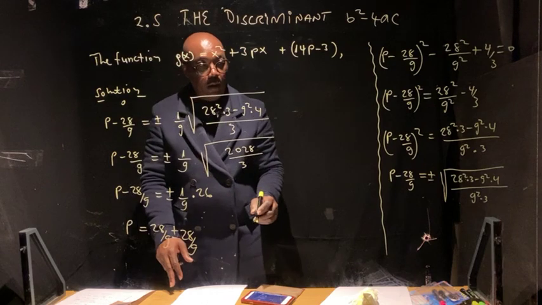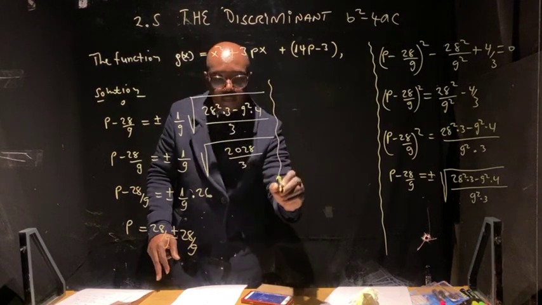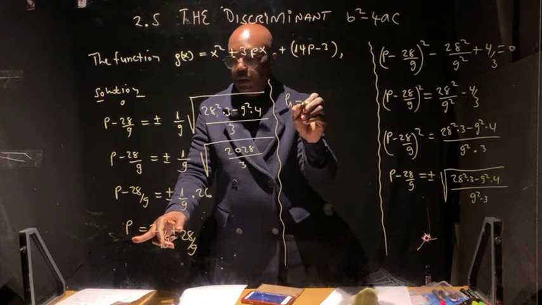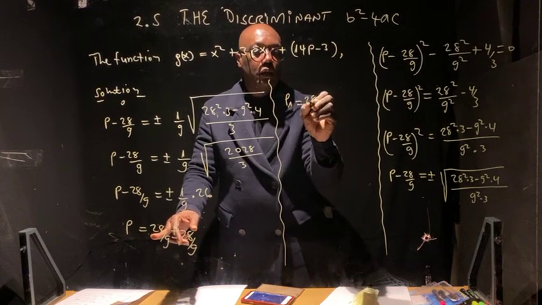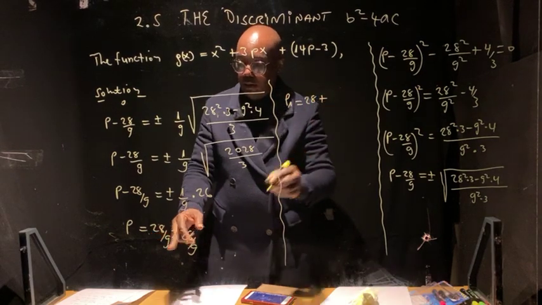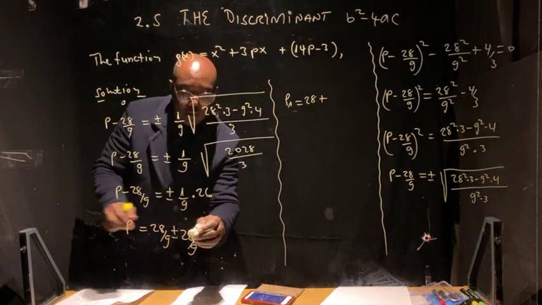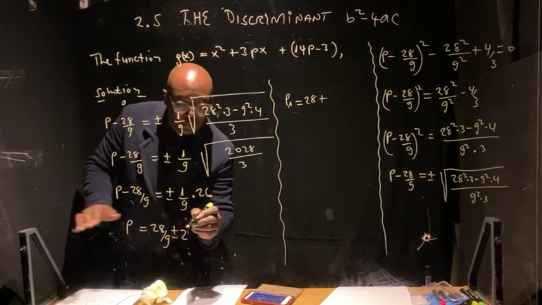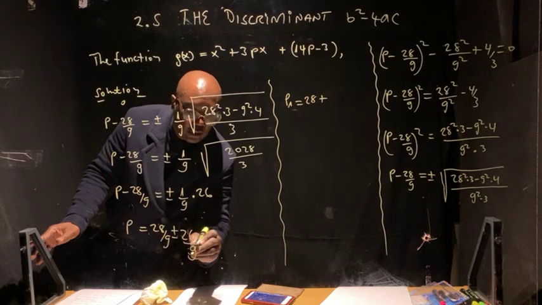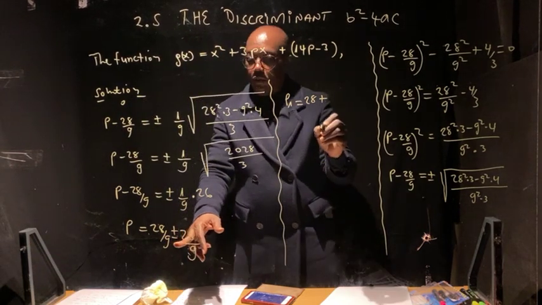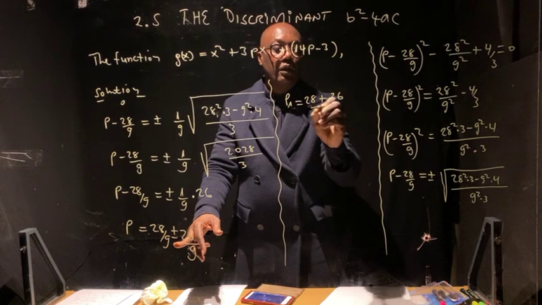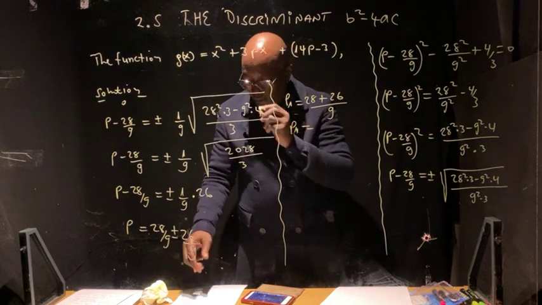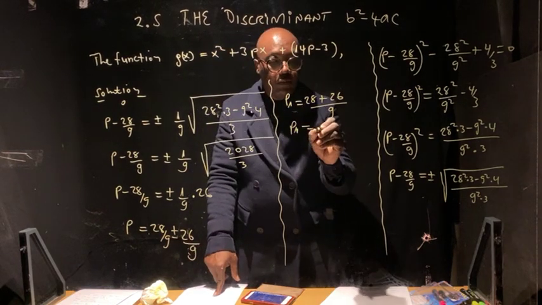So we have P1 equal 28 plus, oh sorry, this is 26, over 9. P1 equal 28 plus 26 all over 9. P1 equal 54 over 9.